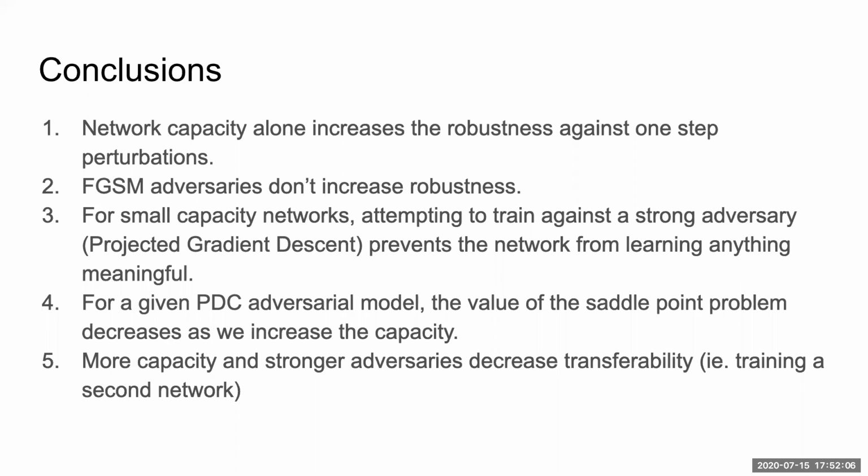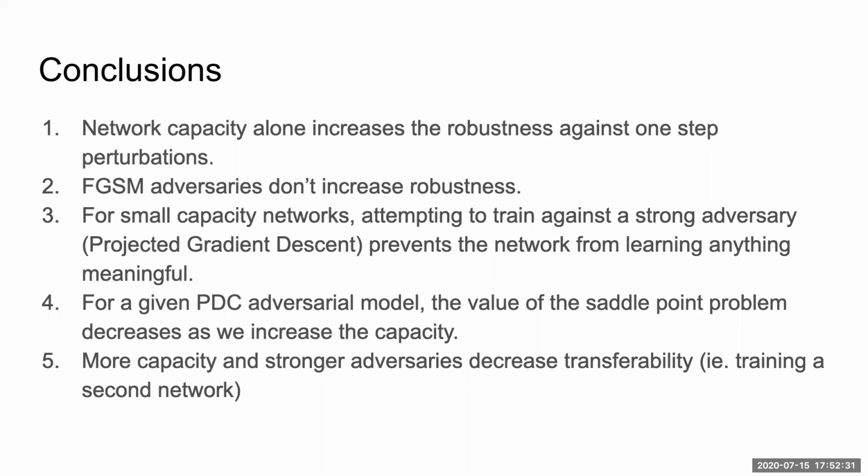And then the fourth point is, even using the PGD adversarial model, the saddle point problem, the balancing problem that was mentioned, the min-max problem, the value of that decreases as we increase the capacity.